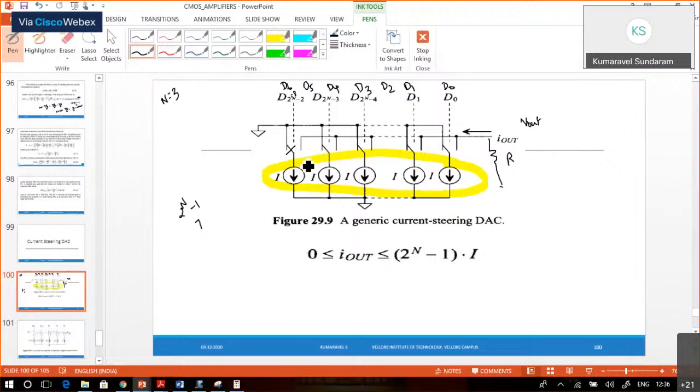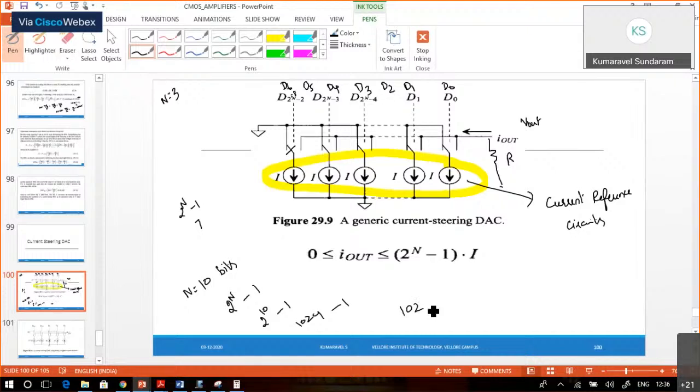But what is the drawback here? These are all realized using current reference circuits. If you are going to realize n equal to 10 bits, how many current sources will be required? 2 power n minus 1, that is 2 power 10 minus 1, 1024 minus 1, so 1023.